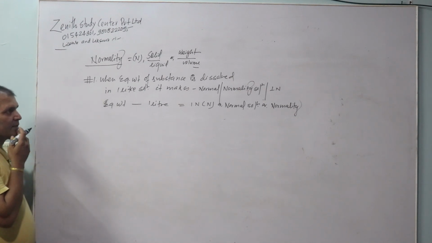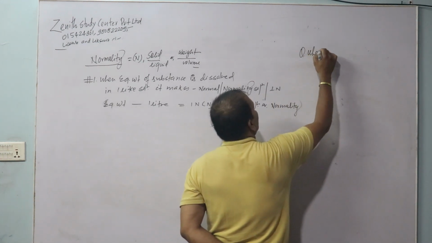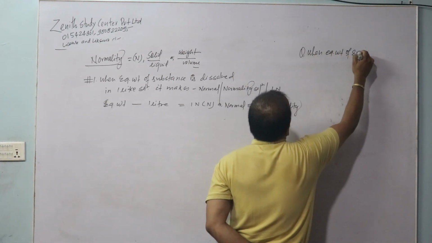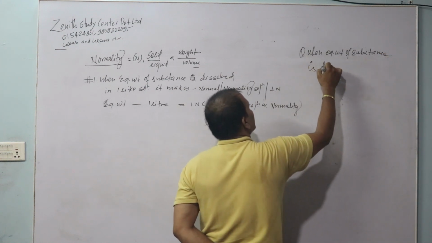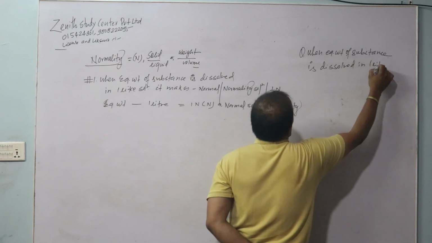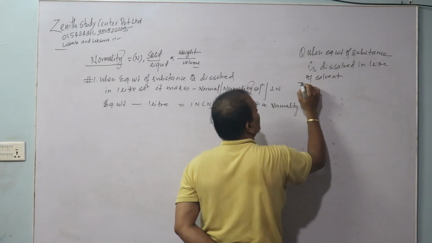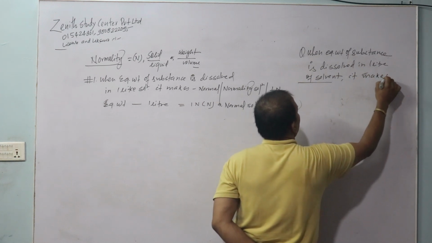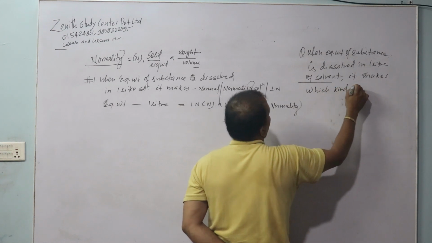So based on this definition, a commonly asked question is: when the equivalent weight of a substance is dissolved in 1 liter of solvent, it makes which kind of solution?